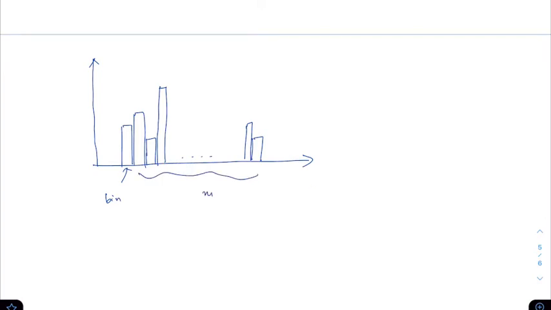Each of the bins basically specifies a range of values within which a result could fall, and the y-axis gives you the number of occurrences of that particular outcome. So a histogram is a good way to study discrete probability distributions and see what kind of frequencies we are encountering for different outcomes.